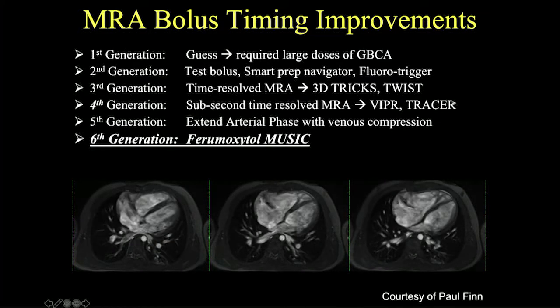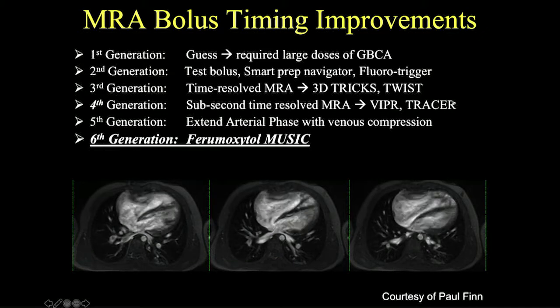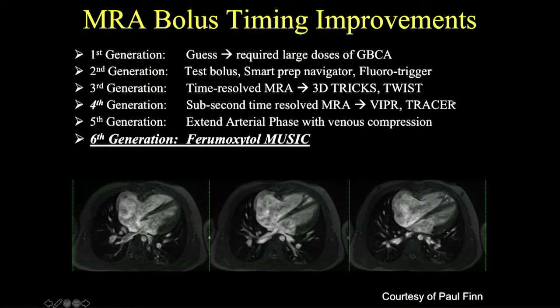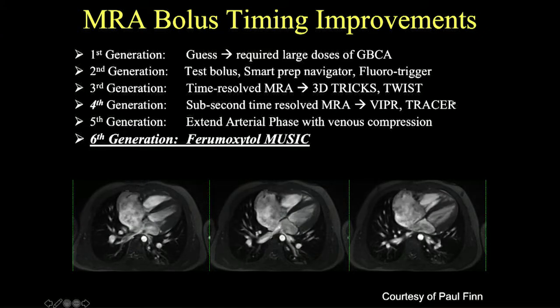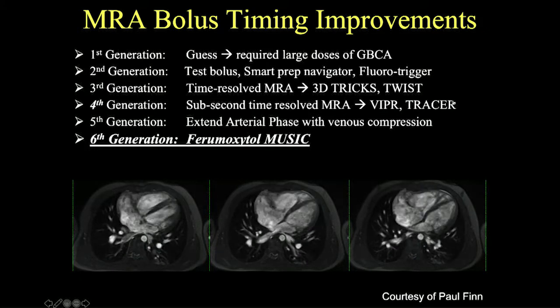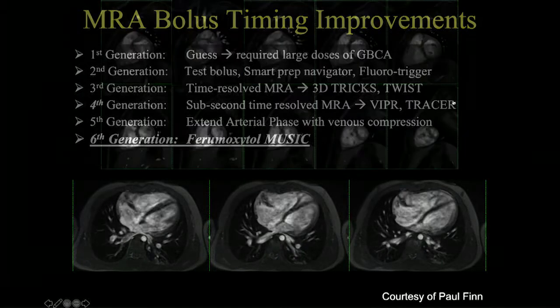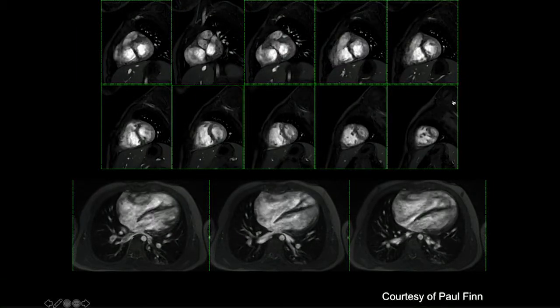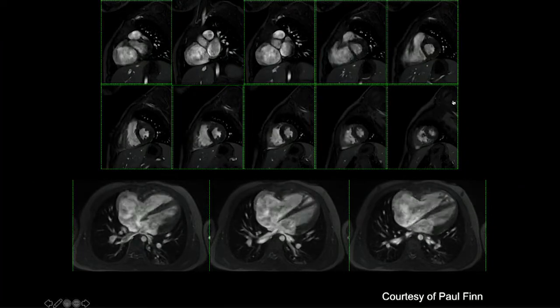Now we have a couple of slides courtesy of Paul Finn, who has developed a technique where he gives ferumoxytol, which is a blood pool agent, and enhances both arteries and veins, and collects data that is binned to both cardiac and respiratory motion. And from that data, he can then bin it in such a way that he can get short axis images.